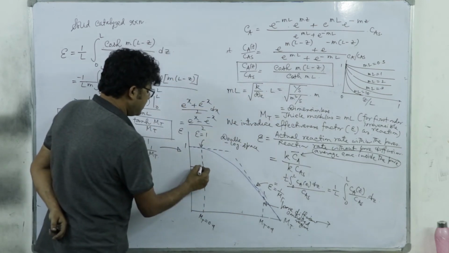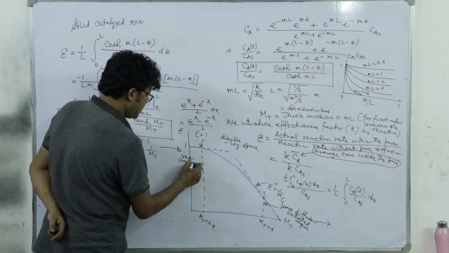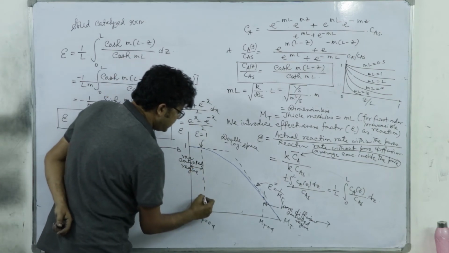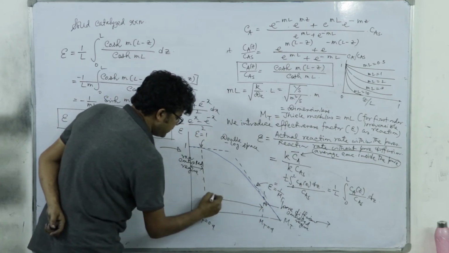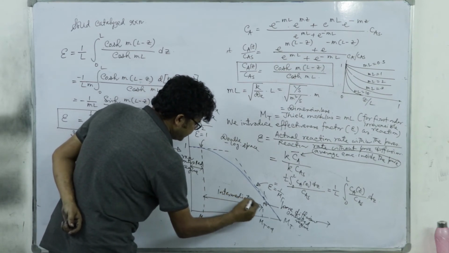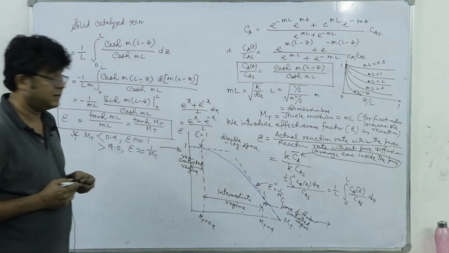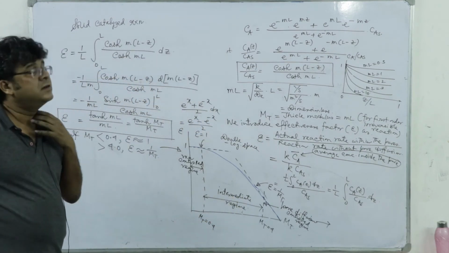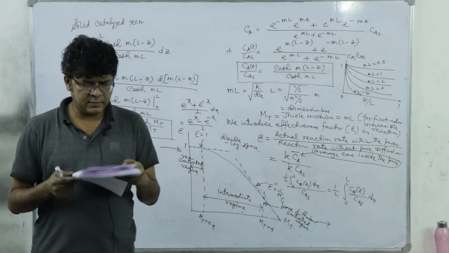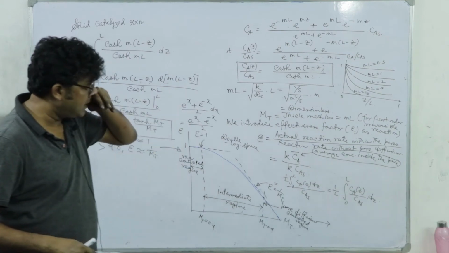This is the reaction controlled regime and this part is the intermediate regime where neither the pore diffusion nor the reaction is the rate controlling step, both govern the reaction. So, here we will go for some understanding in relation to this.